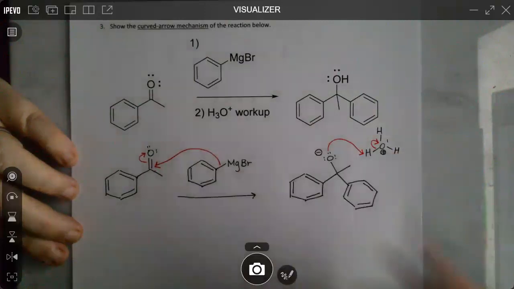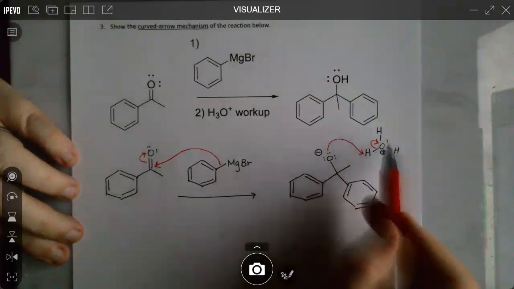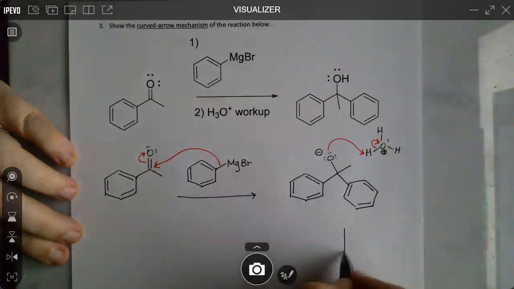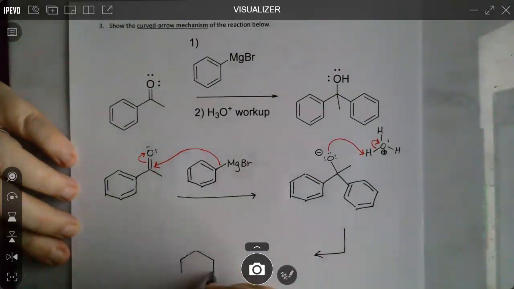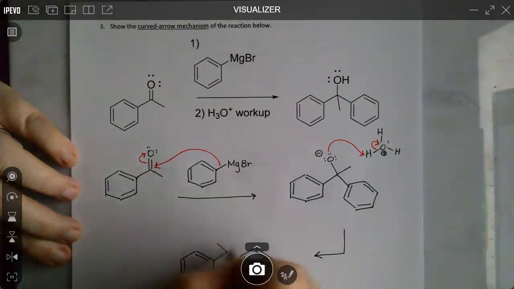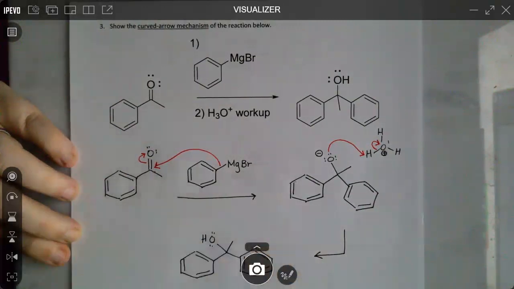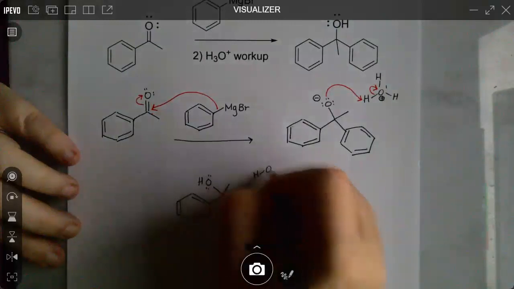Remember that we start with the base, pick up the proton from the acid, and leave the electrons behind to form the conjugate base. Now we just need to draw in the product, a neutral OH group, and water as a byproduct.